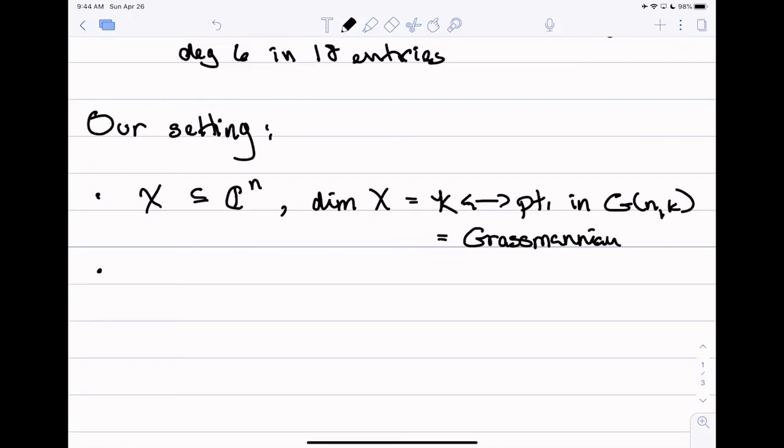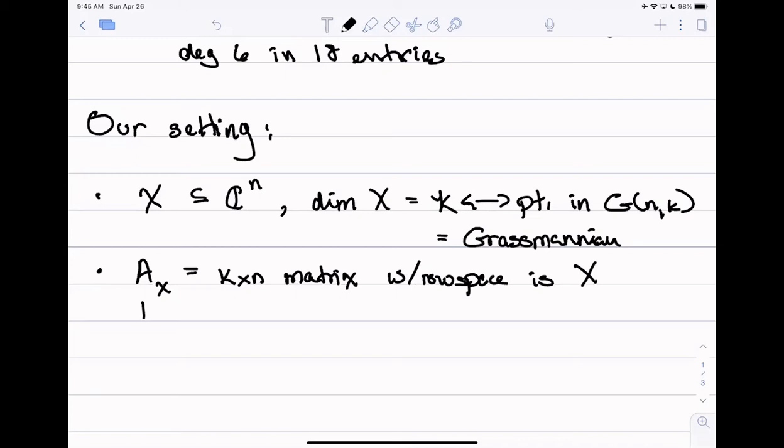So I'm going to write A_X as a k by n matrix whose rows are a basis for X. So its row space is my subspace X. And then I can say, well, I'm going to define the matroid associated to this subspace to be the matroid that I would associate to that matrix.